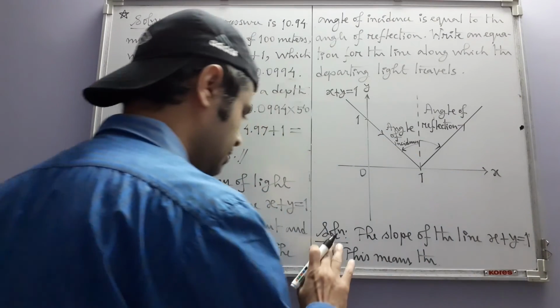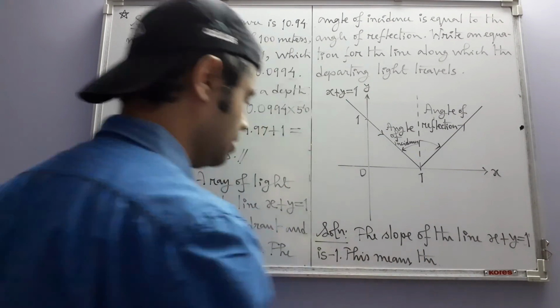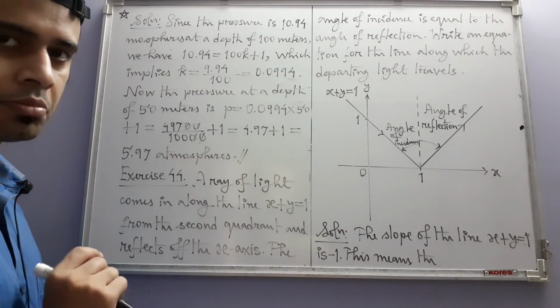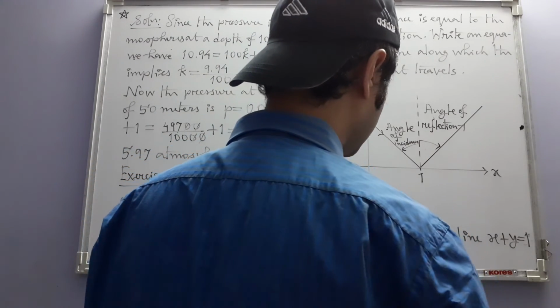Oh sorry, what have I written? The slope is not 1, the slope is minus 1, because y is equal to minus x plus 1. So the slope of this is minus 1.